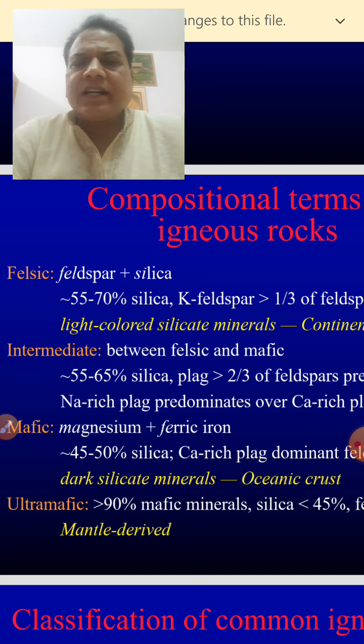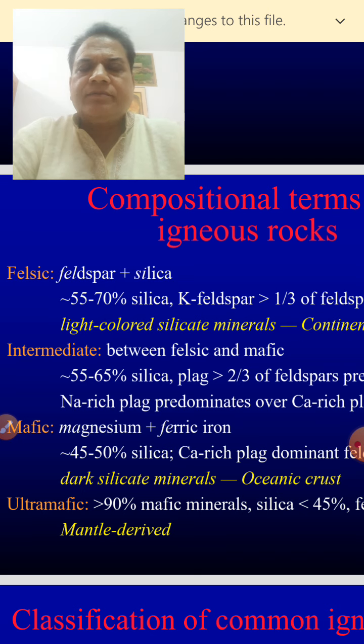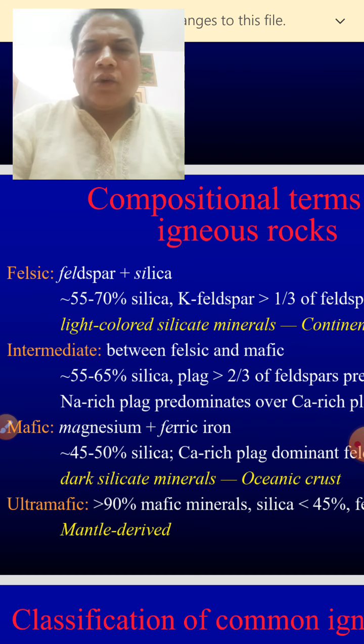In different classifications we have different values, but here try to understand that felsic, feldspar plus silica, means when the chemical composition is determined, the silica content ranges between 55 and 70%. Somewhere it is even given as more than 66%. That is different. But overall, what is the character of these rocks? Because they have less iron and magnesium, they are light-colored silicate minerals. They generally have quartz, K-feldspar, and plagioclase feldspars.